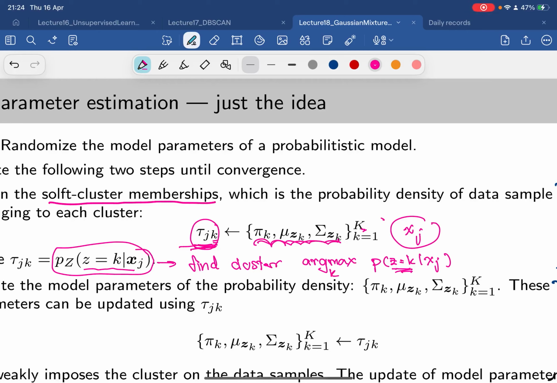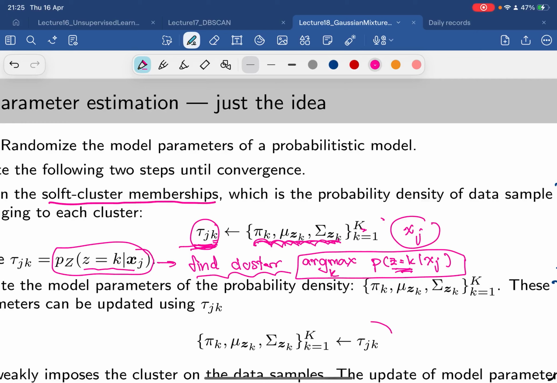So the way we do this is that we assign the cluster by solving this maximization problem, using some initialized values of pi_k, mu_zk, and sigma_zk.